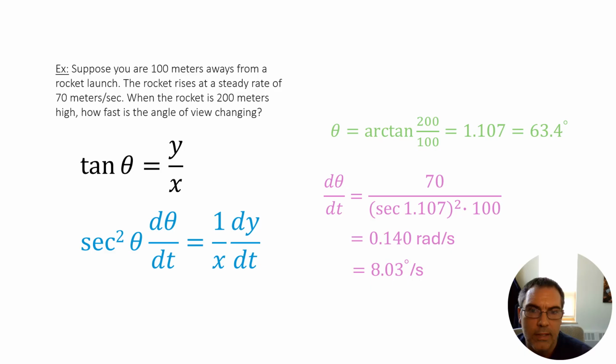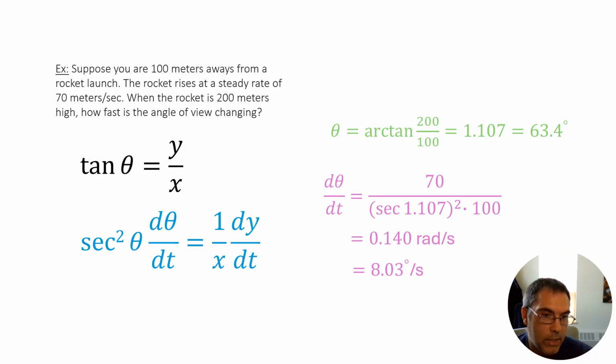So when we do this, like if you type this into Google arctangent 200 over 100, it would most likely give you the answer in radians, and that should be 1.107. You can always convert it to degrees if you want to think about the value in degrees, and that would be 63.4. But just always be cautious of that when you're working with trig functions. The answer that your calculator spits out, unless you've set it to degrees mode, will probably be in radians.